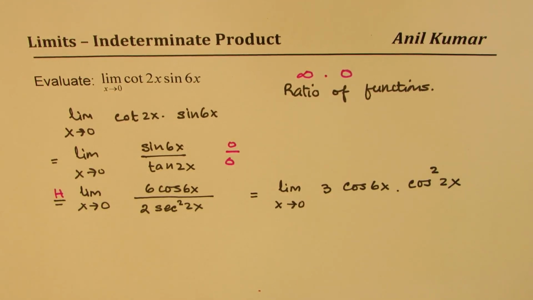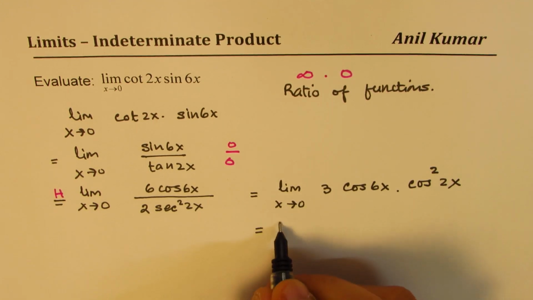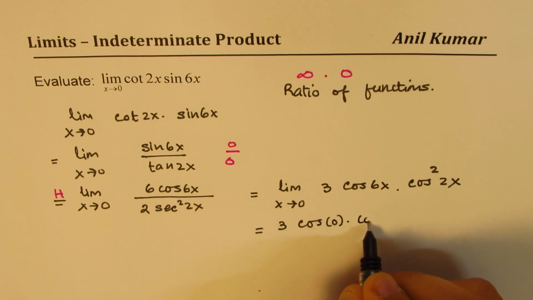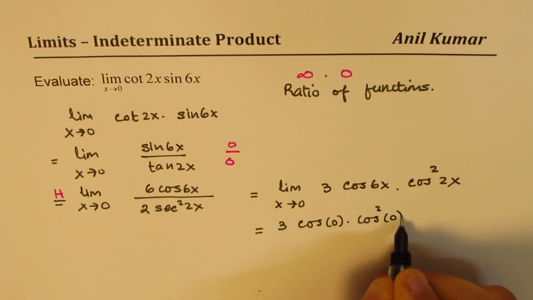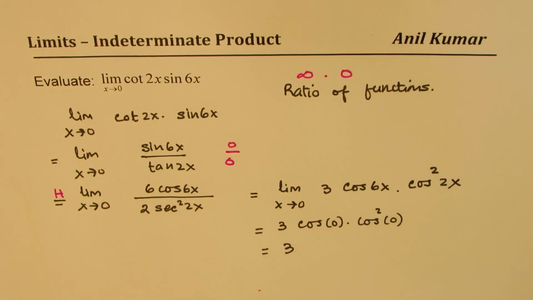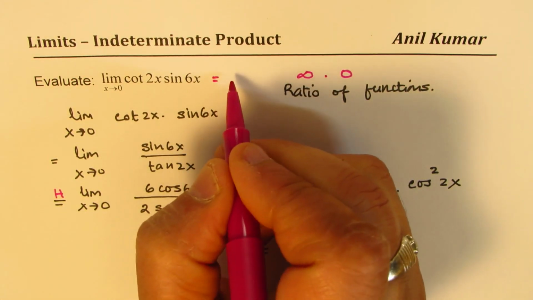So, as you can see here, if I substitute 0, we know cos 0 is 1, right? So, cos of 0 is 1, and therefore we get the answer as 3. So substituting 0 here, we get 3 times cos of 0 times cos square of 0. So those values are 1. So we get 3 as our answer. So the solution for this is that this limit is equal to 3.